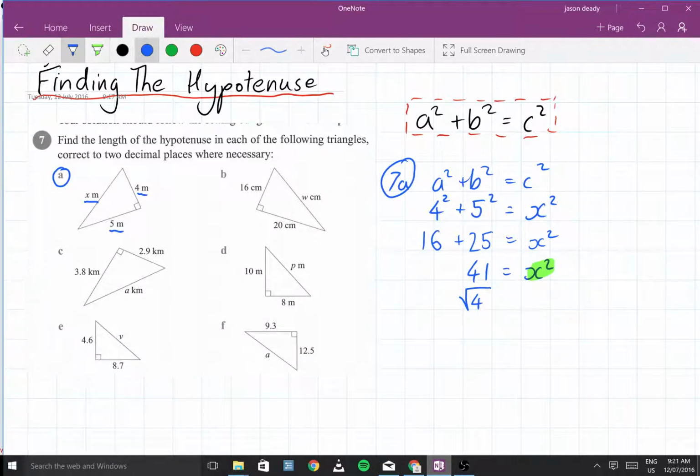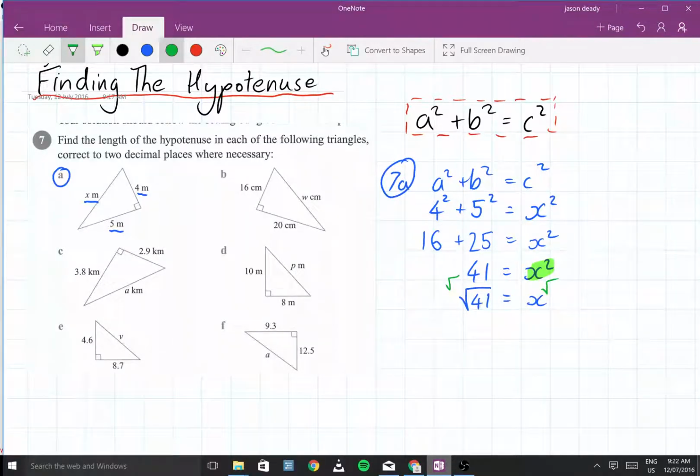Square rooting both sides is just a way to undo the squared. So all I did is I square rooted x squared, and the square root of x times x has to just be x. And I square rooted the 41, which is why I put a square root on top of 41.